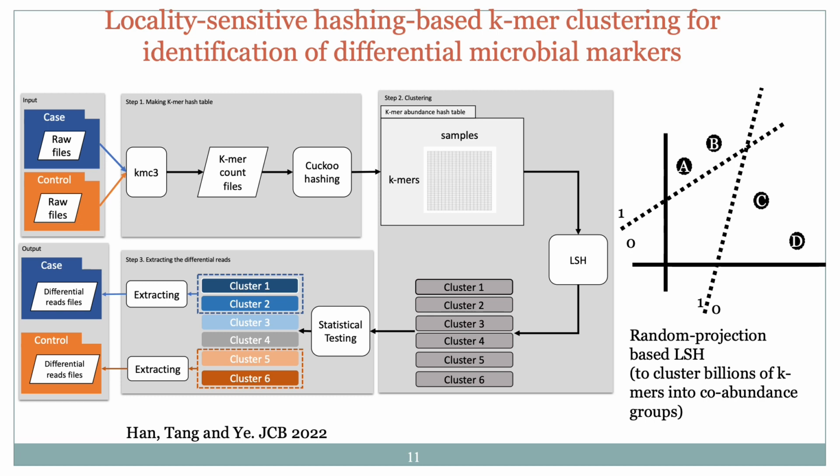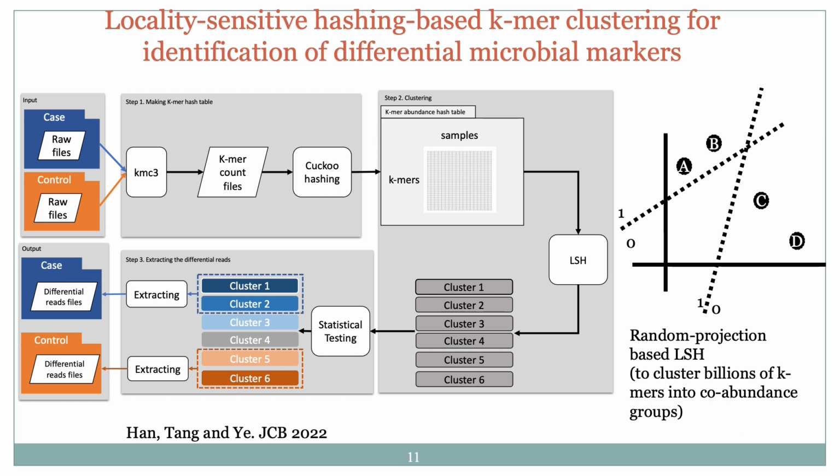From the billions of k-mers typically found in a cohort of data sets, we have millions of k-mers. We apply this locality sensitive hashing algorithm so that we can group them into clusters, and each cluster contains k-mers that share similar abundance profiles across different samples.